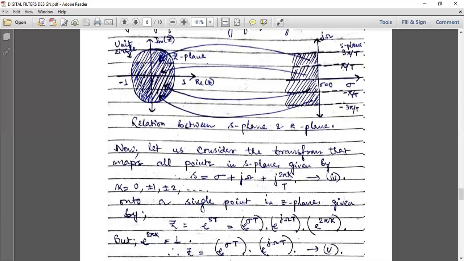So basically, I told you three conditions: at sigma equal to 0, at sigma less than 0, at sigma greater than 0. These three conditions correspond to the graphical drawing that I have drawn on my note. So if you follow the note, you can see it. Now I'm going to come to the note.